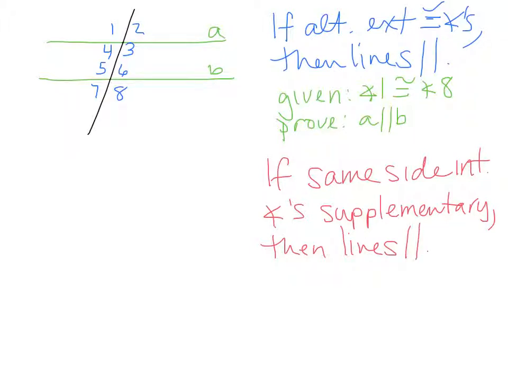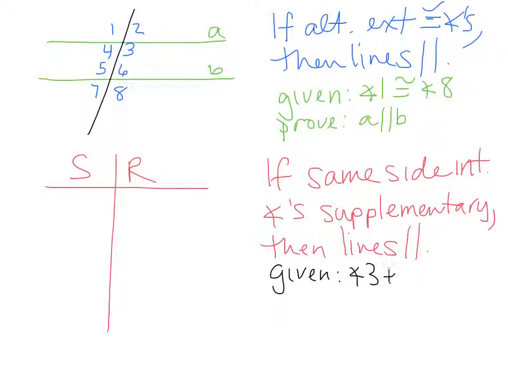Okay, and I will walk through this proof for you. So if we have our statement and our reason, so what we want as our given here is that we'll pick a pair, I'll say 3 and 6. If 3 and 6 equal 180, then we can prove A is parallel to B.